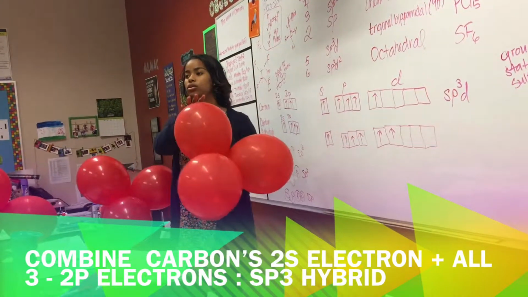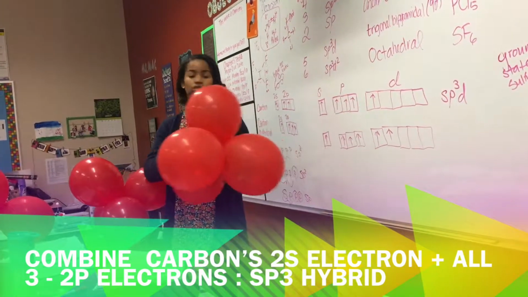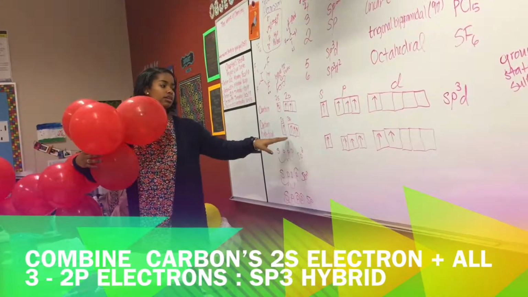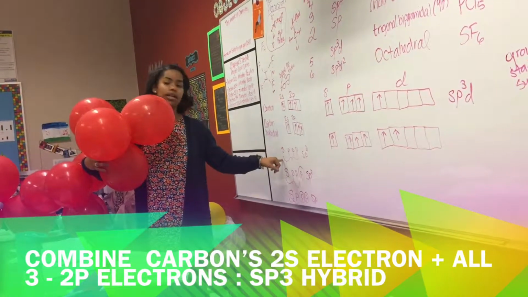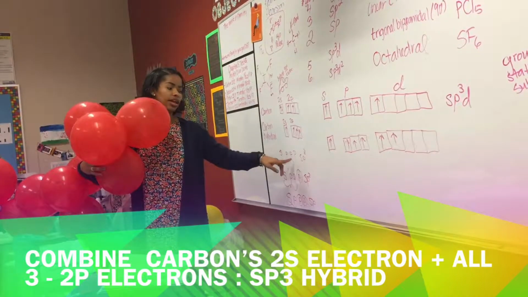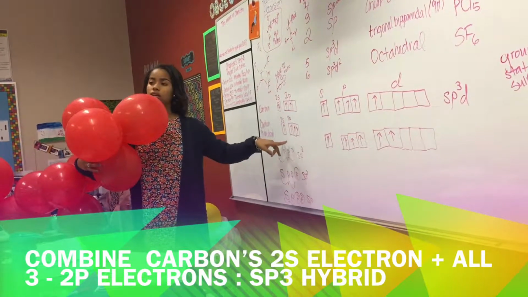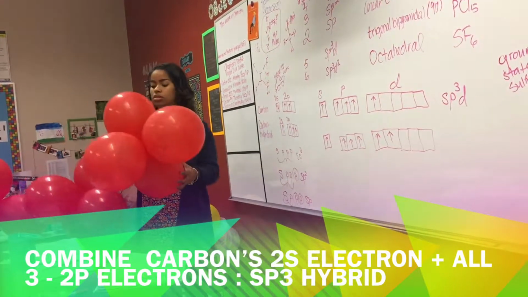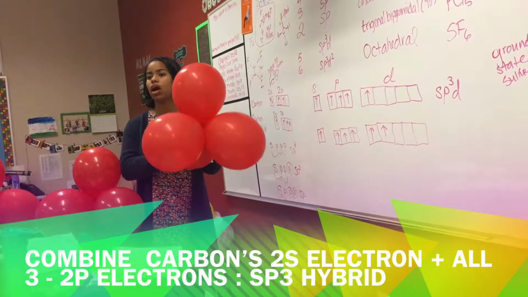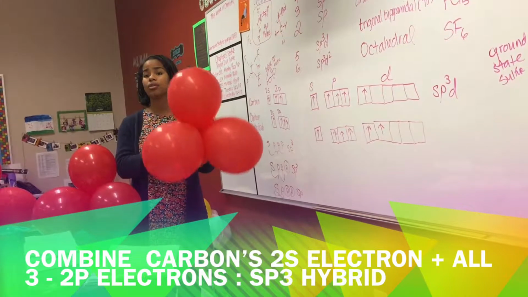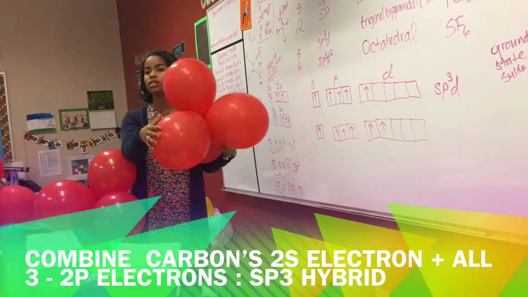Each of these red balloons represents an sp3 electron. If I'm making an sp3 hybrid, I have the 2s and 3 2p atomic orbitals to make 4 equivalent sp3 hybrid orbitals. Each of these is an sp3 electron.